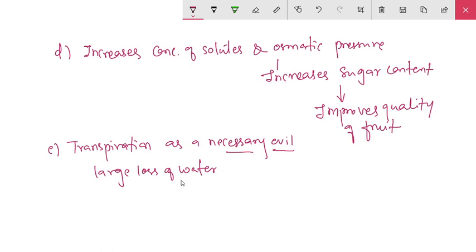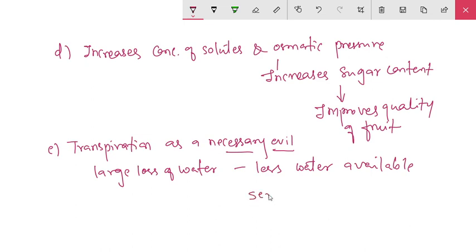When there is an excess loss of water through transpiration and a deficient water supply, meaning less water is available in the soil, it becomes a serious problem.